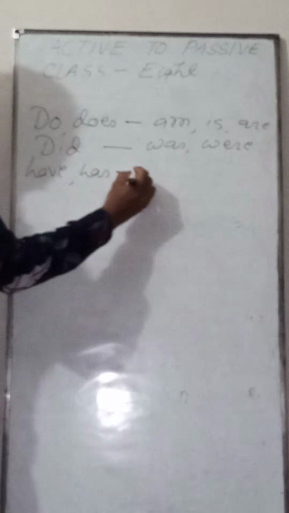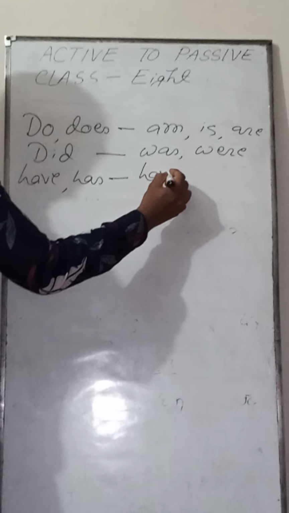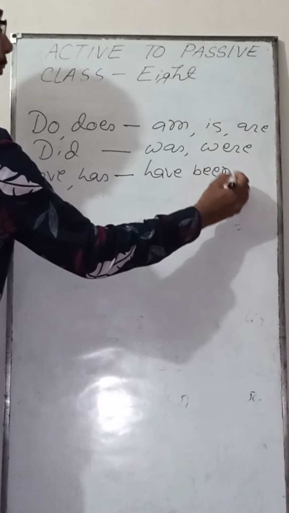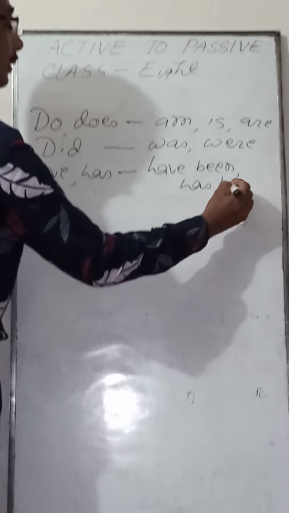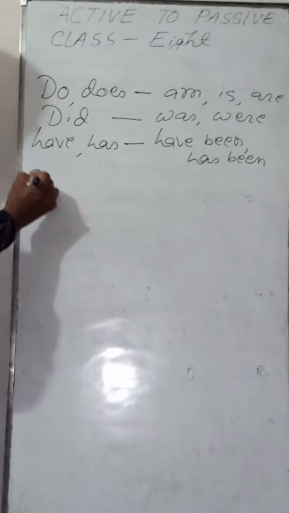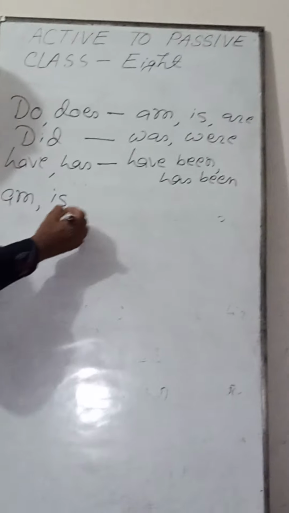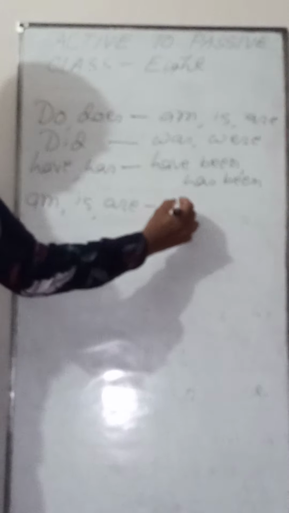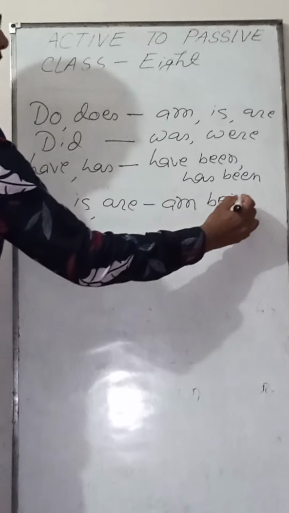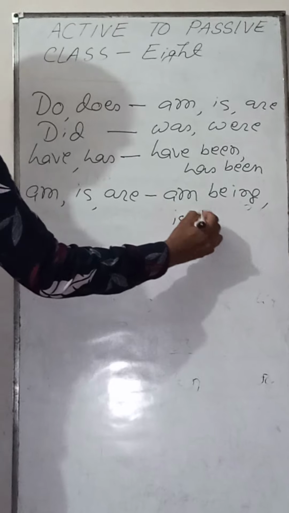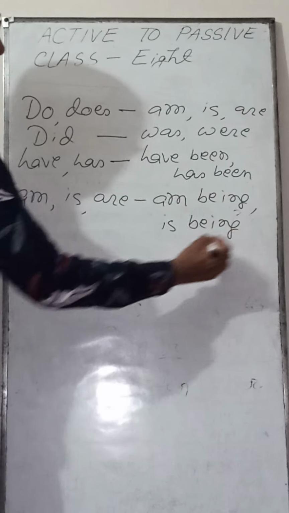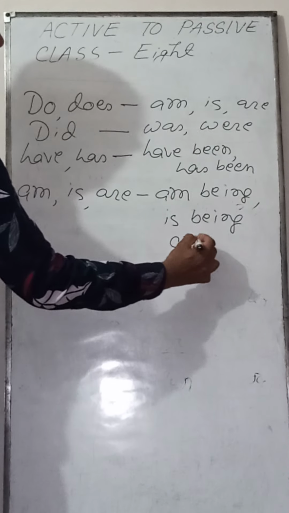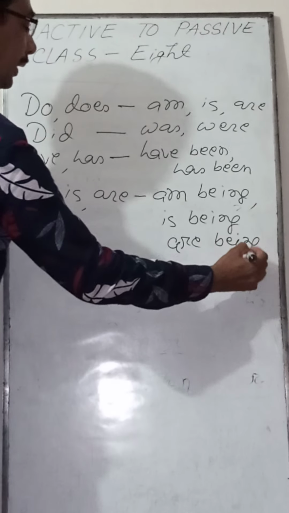If you find have or has, you have to write have been or has been. If you find am, is or are, you have to write am being, is being or are being.